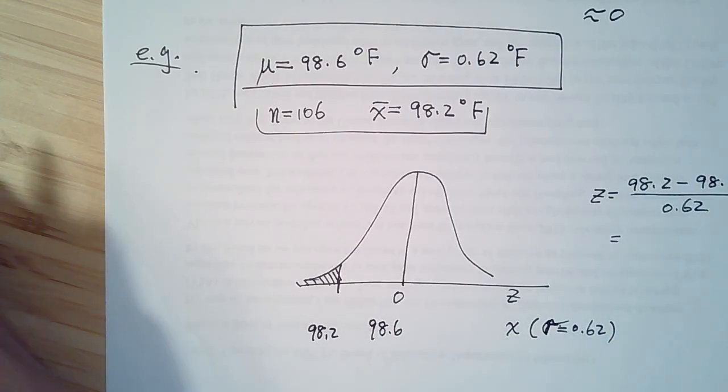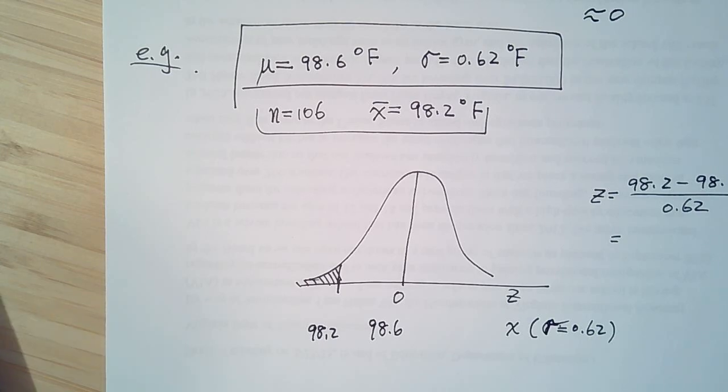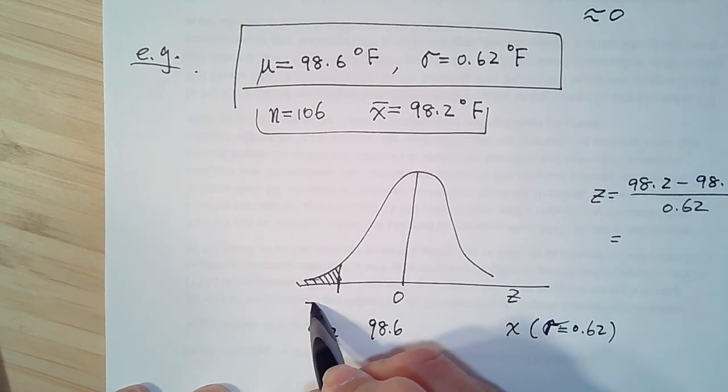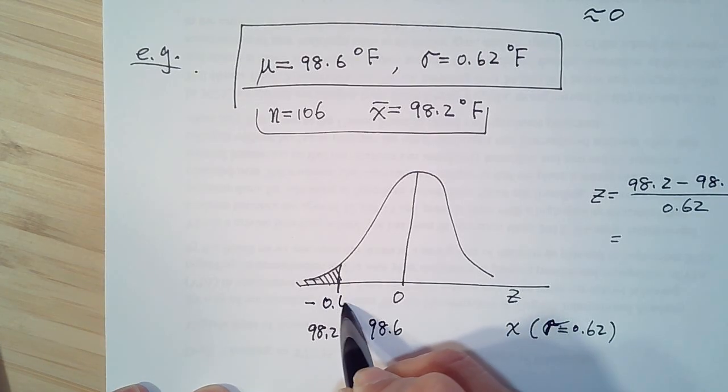So the answer is negative 0.4 divided by 0.62, which is negative 0.65.